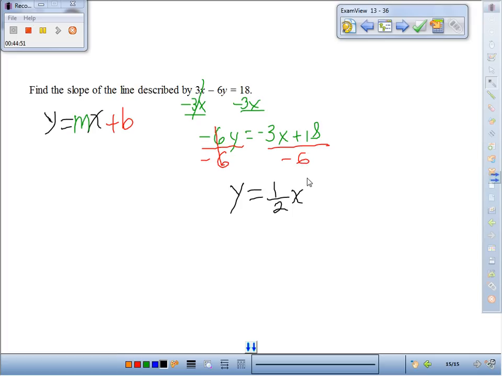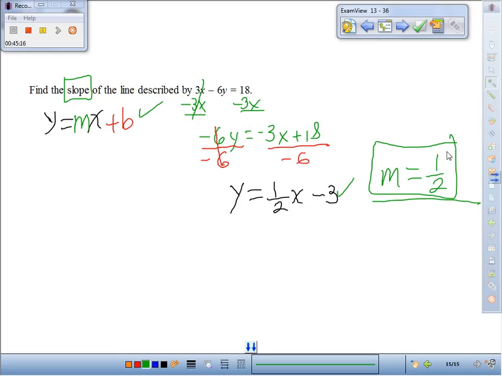What is 18 divided by -6? -3. But what are they asking for? The slope. So you need to make sure that at the end, right where they ask for the answer, you write m equals. So does this one look like this? Yeah, so my slope is next to the x, the coefficient. So what is my slope? 1/2. And we're done.